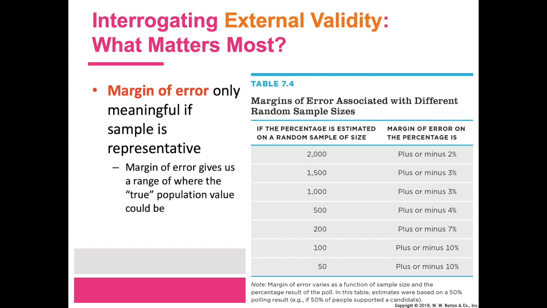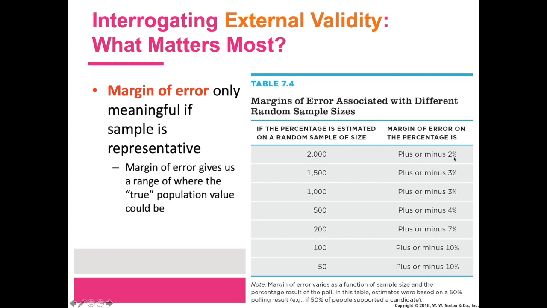So related to this is this idea of margin of error. So in general, when you get a sample and you're making a frequency claim, there's always going to be some error in your estimate. There's going to be some uncertainty in it. So you probably have seen this in different polls out there, possibly by like the Pew Research Center. So if they have a sample size of 2,000, the margin of error is going to be plus or minus 2%.